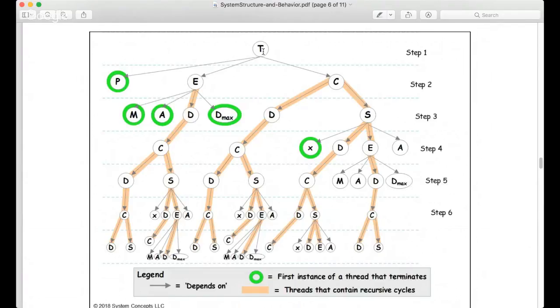And then we can see it also depends on C, which depends on S, which depends on X, which is terminal. Well, when we go through and look at this structure, we see that actually E, D, C, and this tree is just recursive.